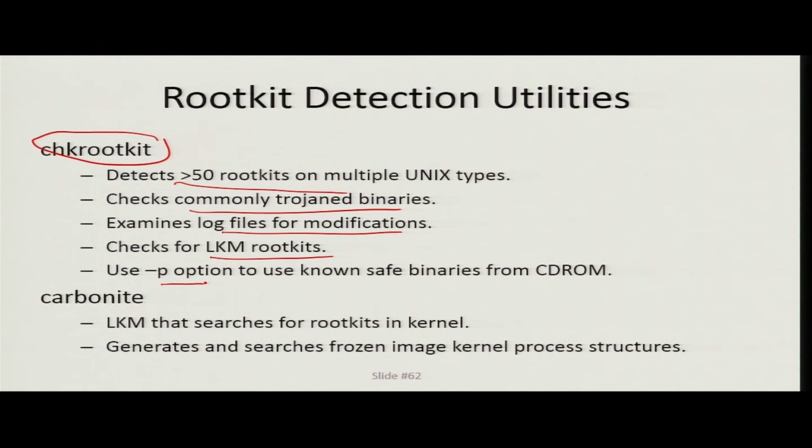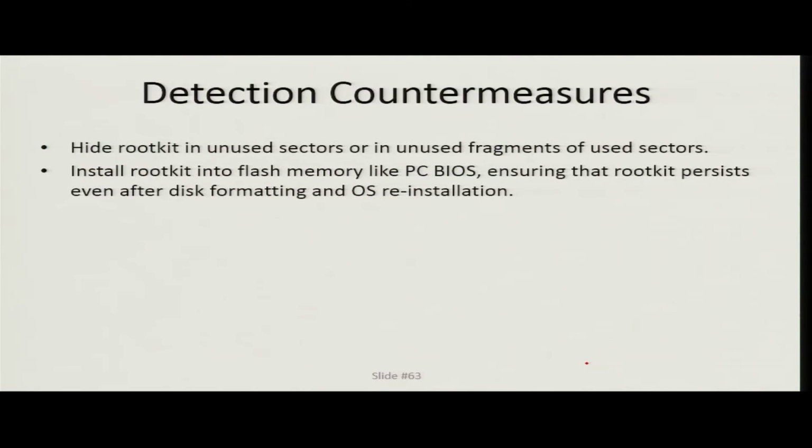So you can compare the results of the binary in your system versus what the one on the CD-ROM gives you. Carbonite is another tool. It's actually an LKM itself. It searches for rootkits in the kernel, and it generates and searches a frozen image of the kernel process structure, so you can examine that for any strange things.